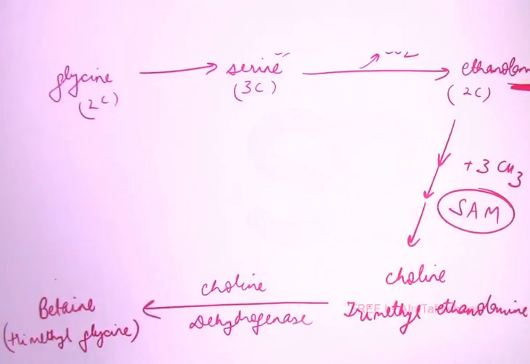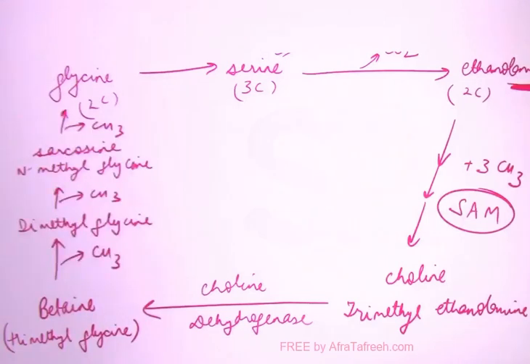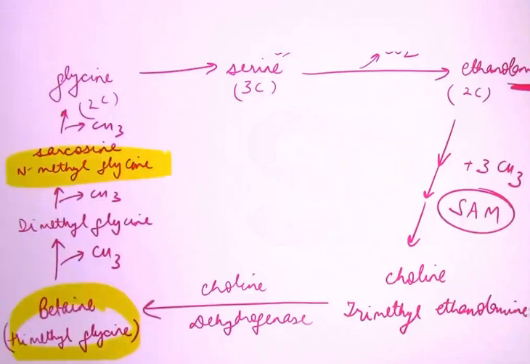From dimethyl glycine one more methyl group is removed and we get N-methyl glycine, which is also known as sarcosine. From sarcosine one more methyl group is removed and we get glycine. So sarcosine is N-methyl glycine. All these MCQs are asked. Betaine is trimethyl glycine. Choline is trimethyl ethanolamine. And serine on decarboxylation will give ethanolamine, right?